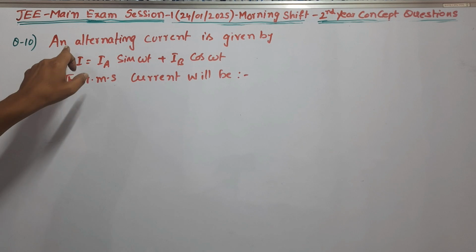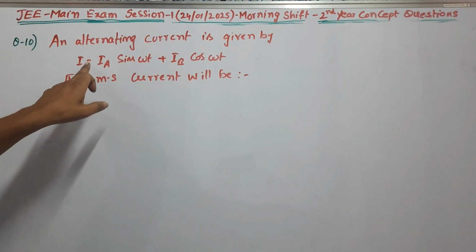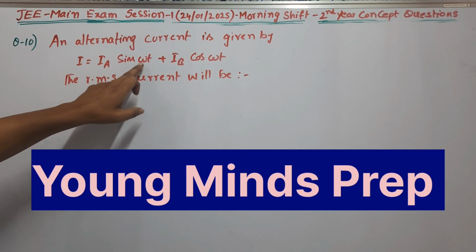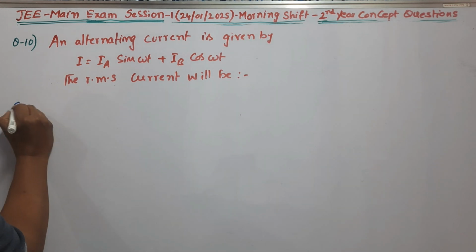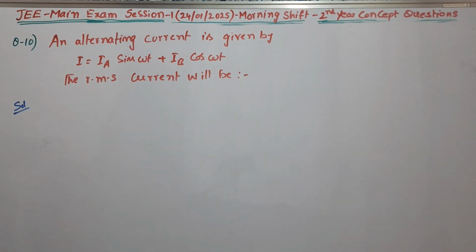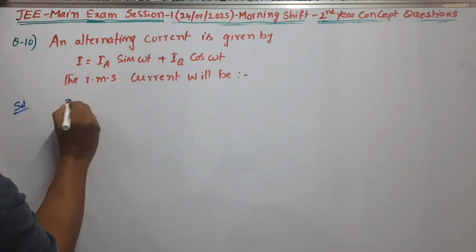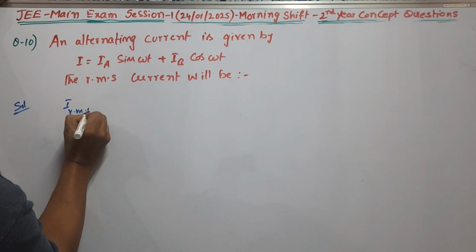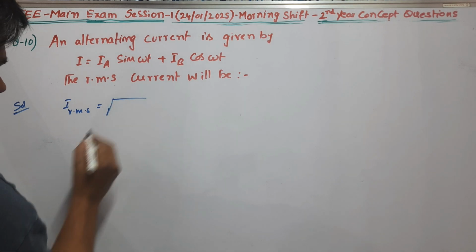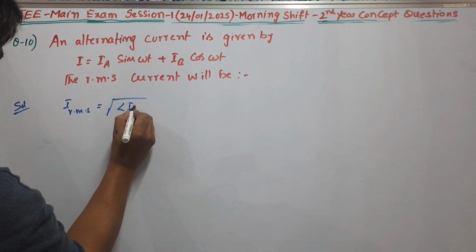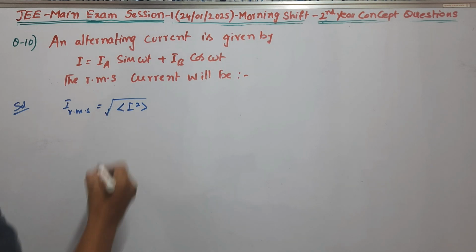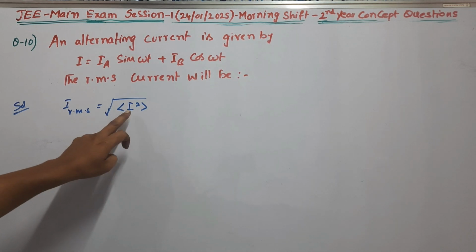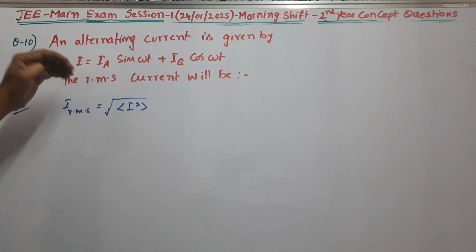The 10th question. An alternating current is given by I is equal to I A sin omega t plus I B cos omega t. The RMS current will be what? This is a direct question. What is the RMS current? Root mean square. According to the definition, RMS is the square root of the average of the square of the current flowing in the circuit.